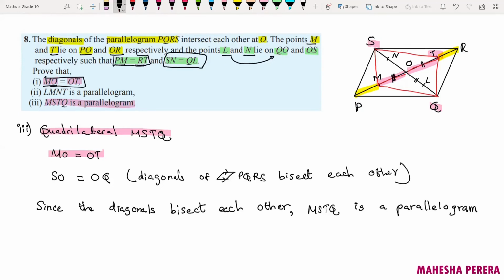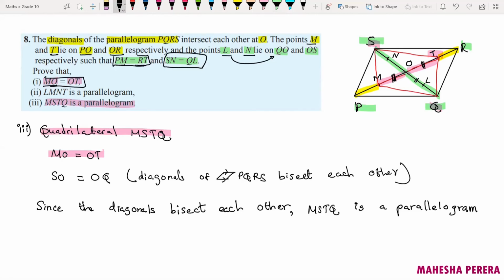This length is equal to this length. And then if you consider the parallelogram PQRS, this is a diagonal of PQRS.